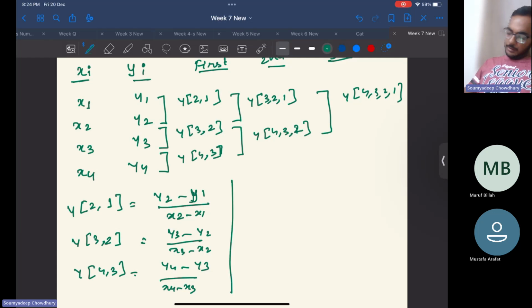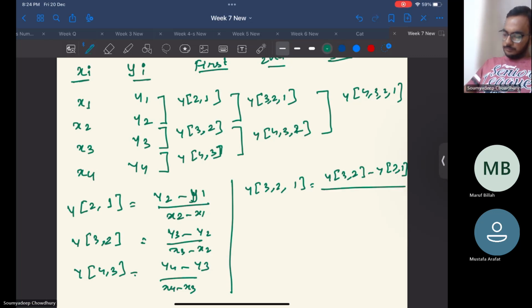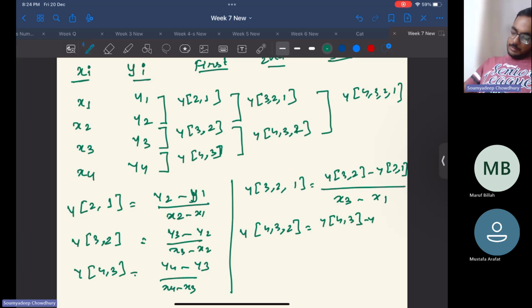Similarly, for the second order differences, y of 3,2,1 is y of 3,2 minus y of 2,1 upon x3 minus x1. Similarly, y of 4,3,2 is y of 4,3 minus y of 3,2, it's very easy to remember, upon x4 minus x2.